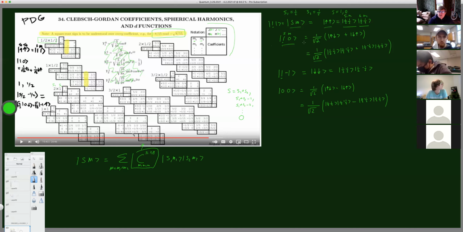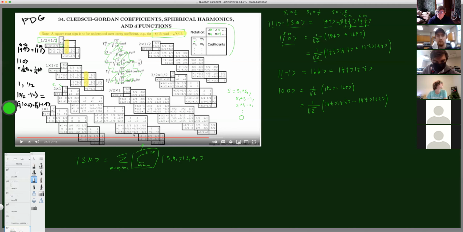We already know that the S1 is 1/2 and the S2 is 1/2. And here it tells us the M is 1/2, the M1 is 1/2 and the M2 is 1/2, and the coefficient is 1, which indeed it is.